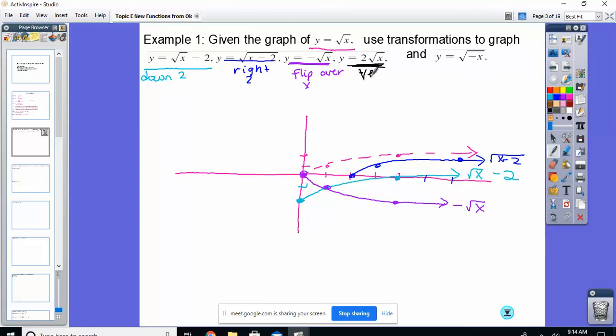Vertical stretch. It's like taking all my y values times 2. So this originally was at 0. 0 times 2 is still 0. This has a y value of 1. 1 times 2 is 2. This has a y value of 2. 2 times 2 is 4. So we get this really tall graph.